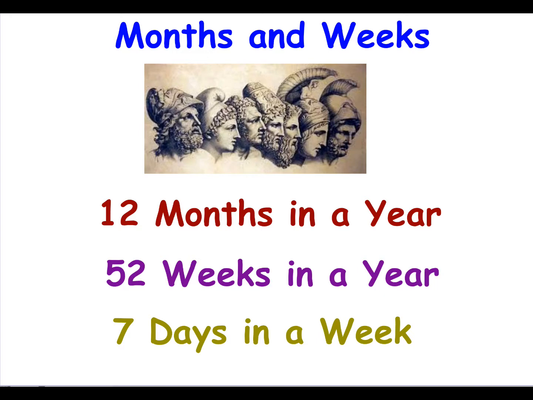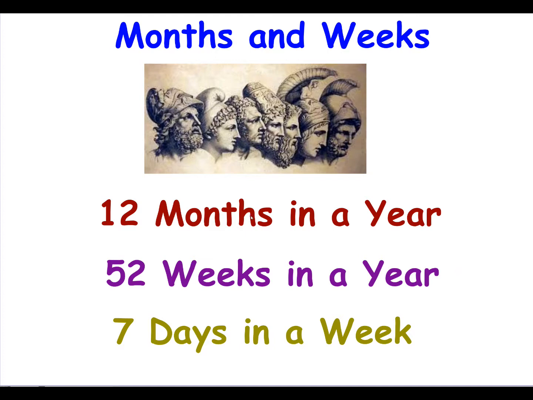Now, the number of months and weeks in a year is set by old religions and gods within those religions. So the 12 months in the year are January, February, March, April, May, June, July, August, September, October, November and December, and they come from various gods, those names. So there are 12 months in a year. We also know that there are 52 weeks in a year.